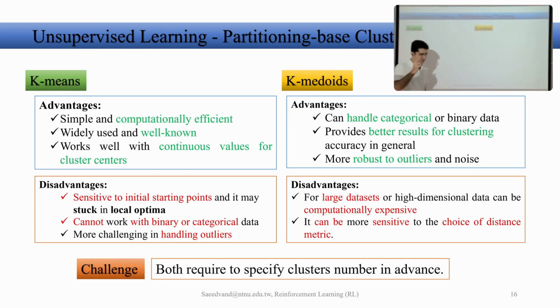Now let's compare. Okay, we saw two simple techniques. Which one do you think is better? Say what? Depends on how much data there is? Why? K-medoid needs a lot more data?